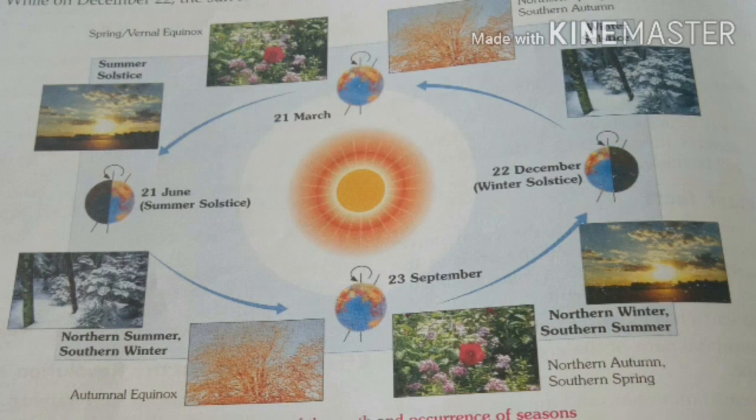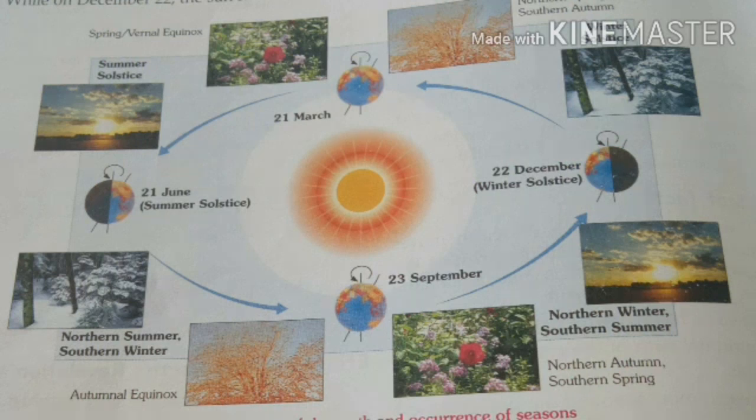Then the sun rays fall vertically on the Tropic of Cancer while they are falling slanting on the Tropic of Capricorn. Are you clear, children, what I am telling?